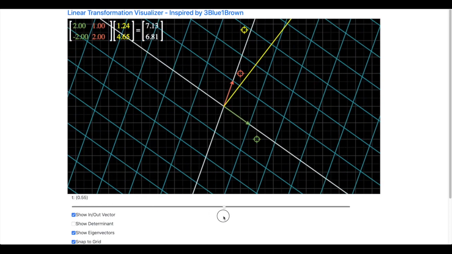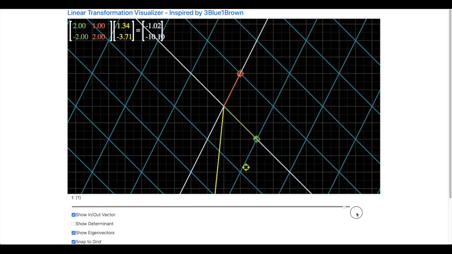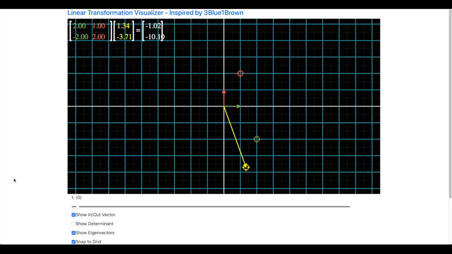And if you look at any vector and see where it goes, it's going to rotate. So this one looks like it doesn't have any eigenvectors, and actually what you can see of this tick box is that I never stopped asking it to show us eigenvectors, and it's not showing us any, so that suggests that there are none.